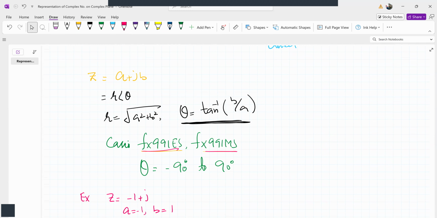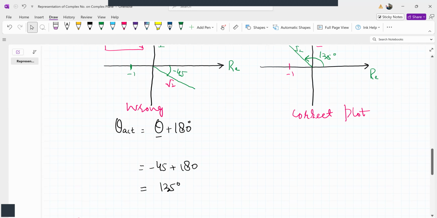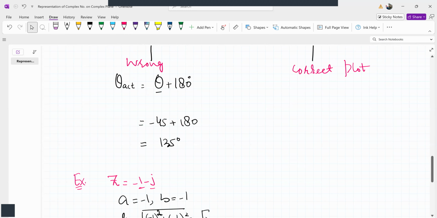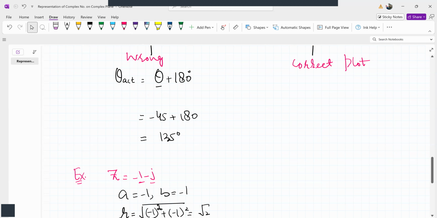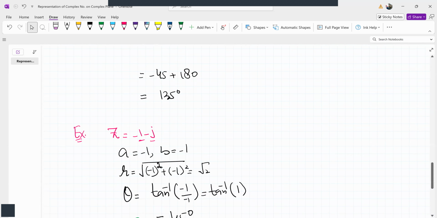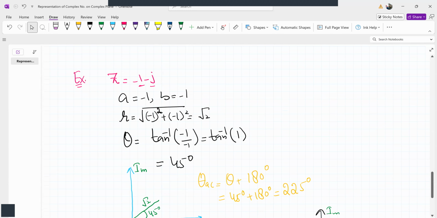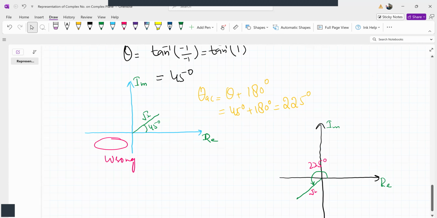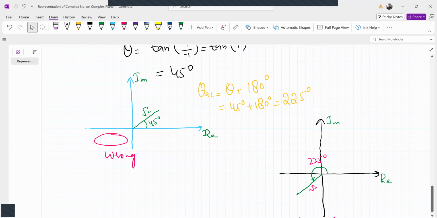So how do we rectify the problem? Simply, if the complex number lies in the second or third quadrant, we add 180 degrees to the angle returned by these calculators, and we get the correct result.